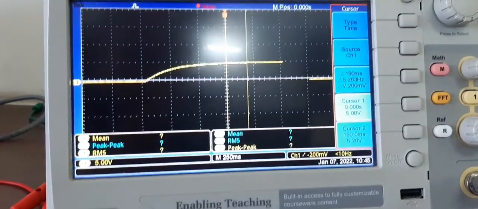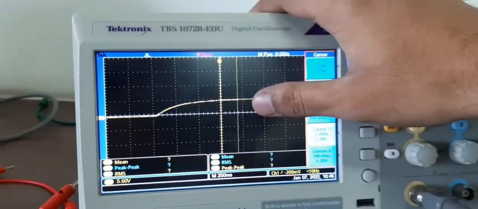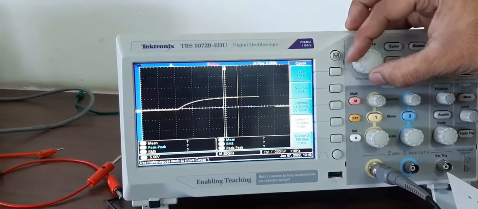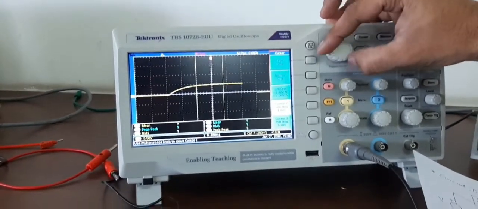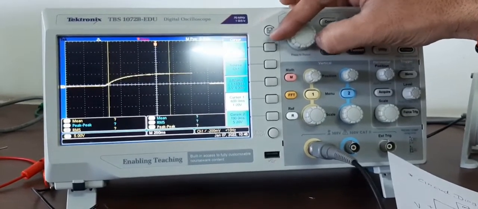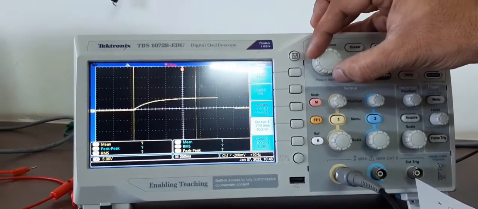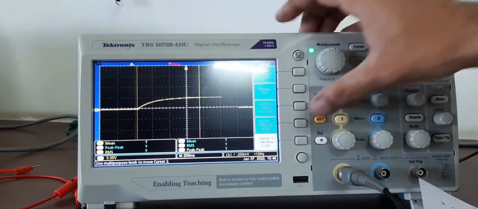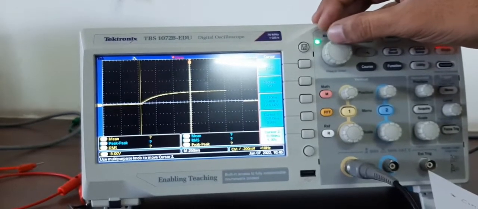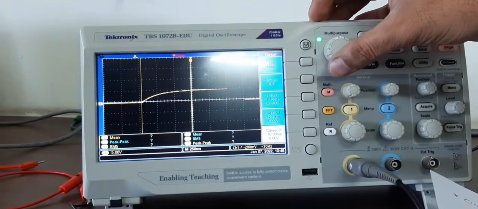Now we are going to find out the tau from this waveform. We'll set the cursors first. The first cursor will be set at the 0 point, where the waveform starts when we turned on the switch. The cursor number 2 will be set at, so maximum voltage is 5 here, the steady state voltage.